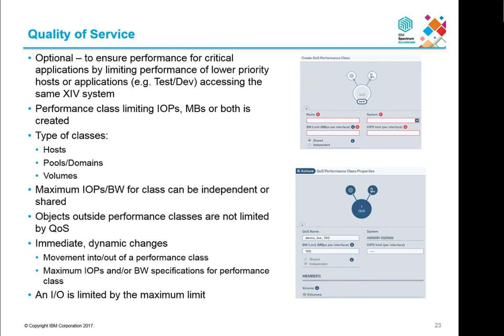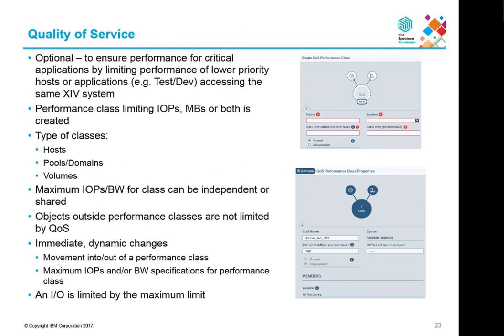Let's say I've got 10 volumes, and I set each volume to do 1,000 IOPS, but I only set the host that they're associated to do 5,000 IOPS. Then I'm going to pick the most restrictive quality of service and apply that.